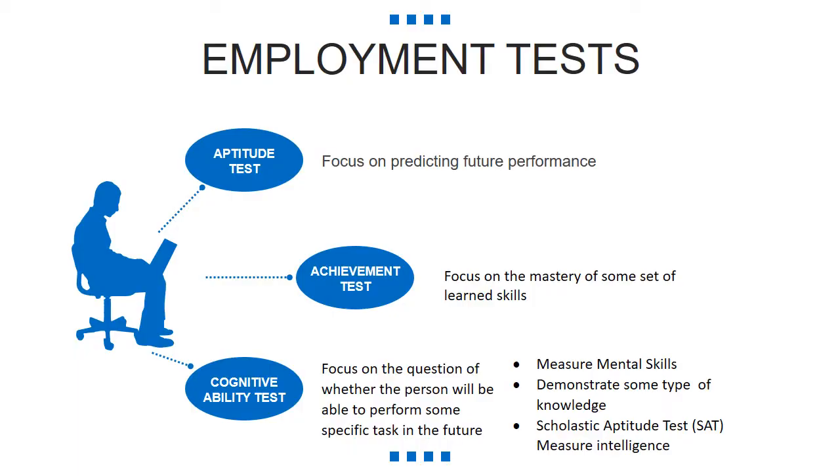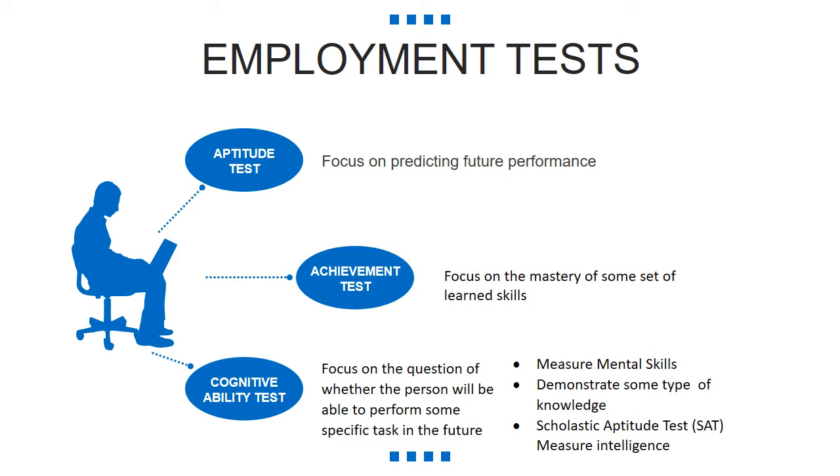The employment test focuses on three types of tests: the aptitude test, achievement test, and cognitive ability test. An aptitude test focuses on predicting the future performance of an individual, while an achievement test focuses on mastery of some set of learned skills. A cognitive ability test focuses on whether the person will be able to perform some specific task in the future.